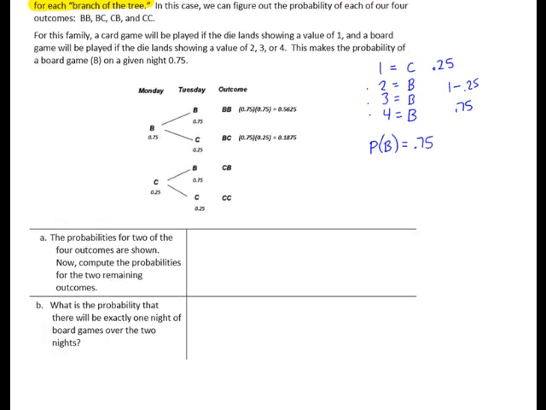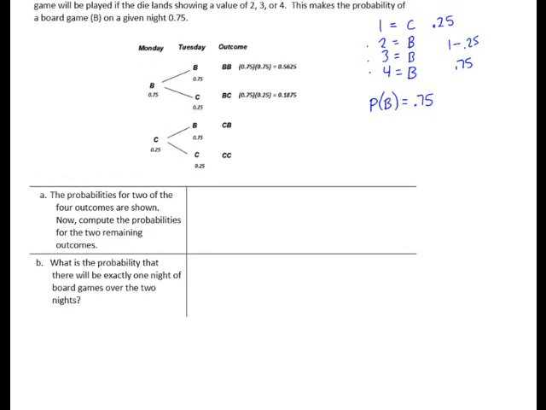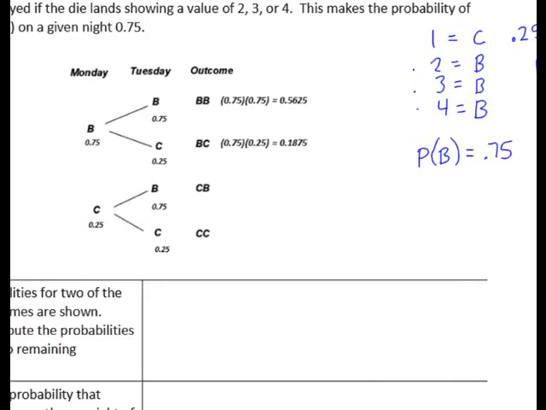Okay, continuing. The probability for 2 of the 4 outcomes are shown. Now compute the probabilities for the 2 remaining outcomes. I've increased the size so that you can see that the paper has shown the probabilities here. The probability of a board game is 0.75.